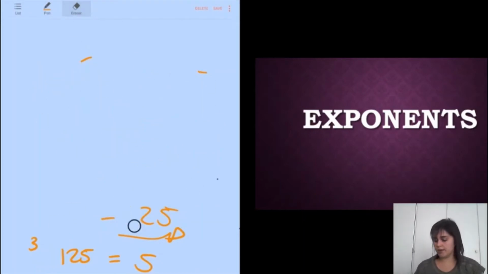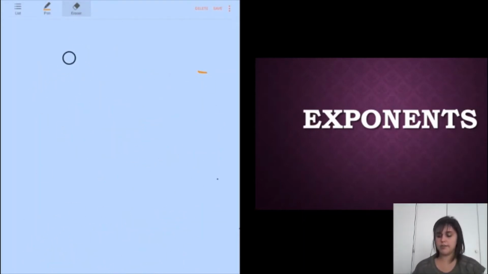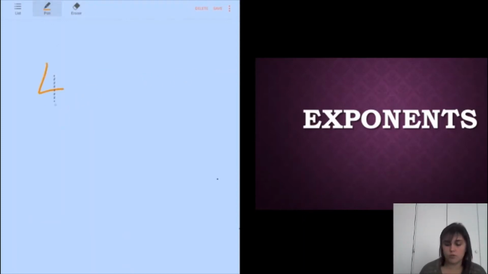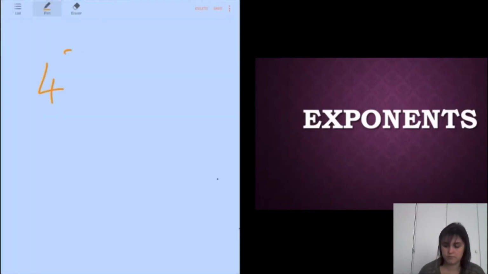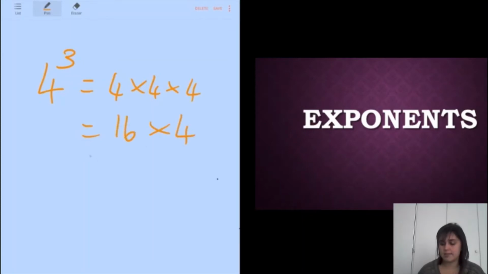So in the previous one I did a 4, just to illustrate the cube to you. So let's go look at that. 4 to the power of 3 means the same as 4 times 4 times 4. 4 times 4 is 16, and 16 times 4 is 64.